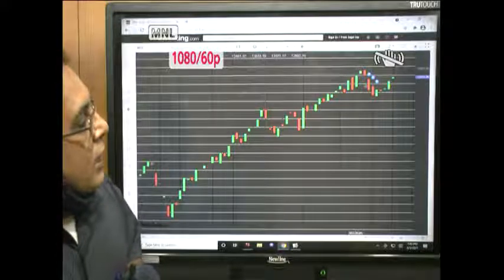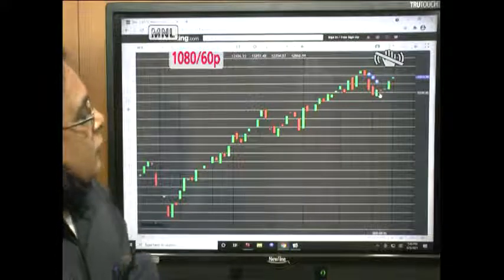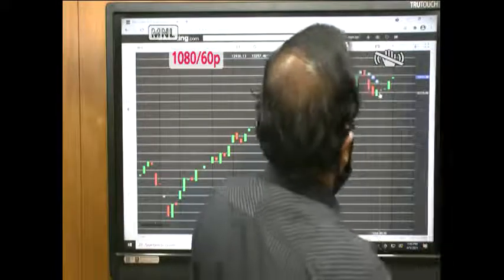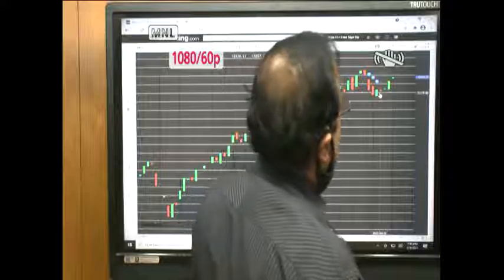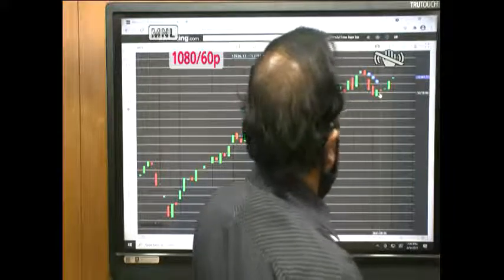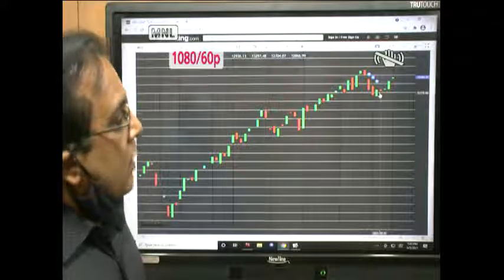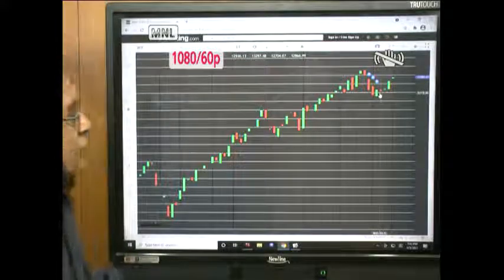Initially it had a fall, and for this particular high which was broken, 13,297, it has started to go on the rally board right now. So we should look towards more of a buy as far as the Nasdaq 100 is concerned.